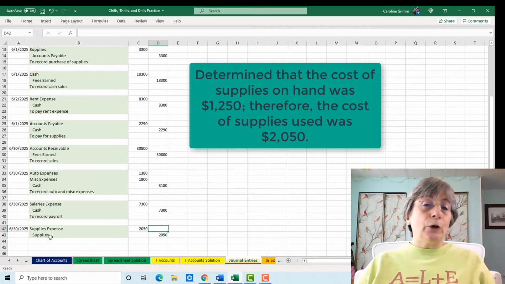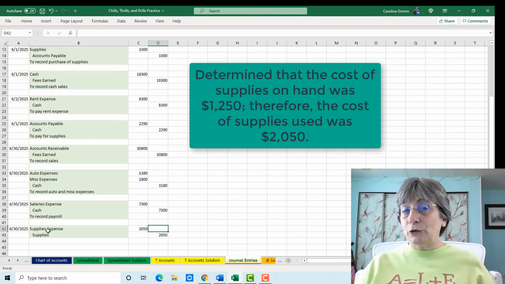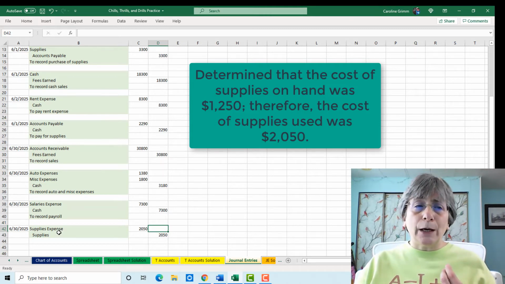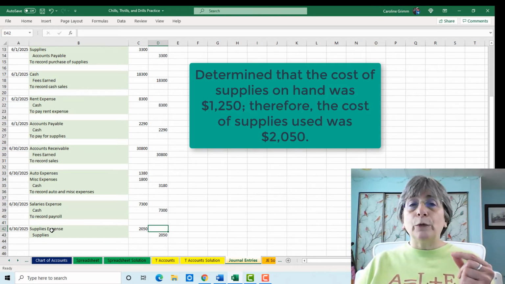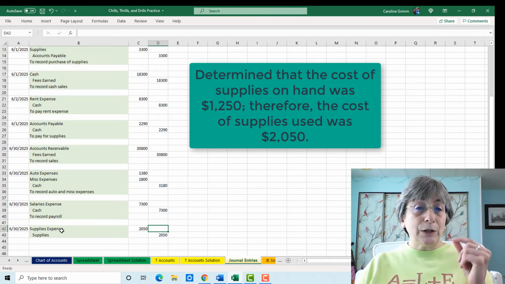So this is another really good example of why you have to be very careful about what you use for account names in these journal entries. We've got two accounts that start with supplies. So if you mean supplies expense, but you say supplies, I'm going to put it in the wrong account. So you have to be very specific about using those correct full titles.